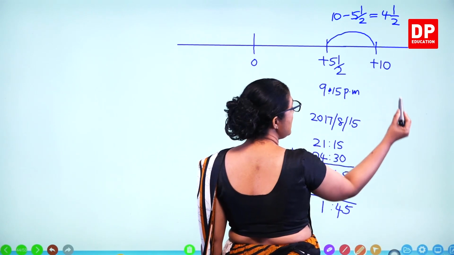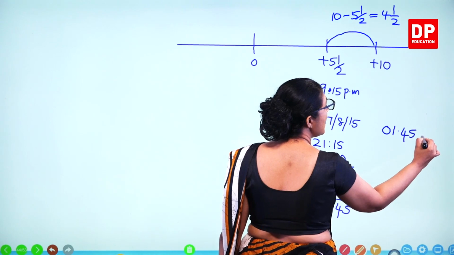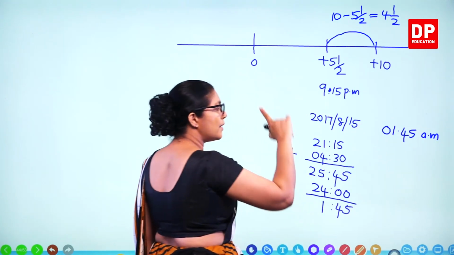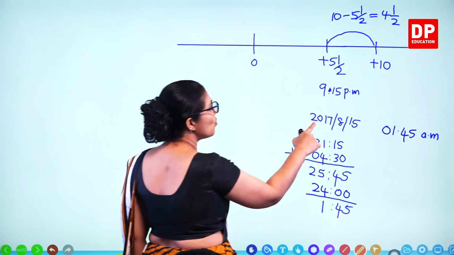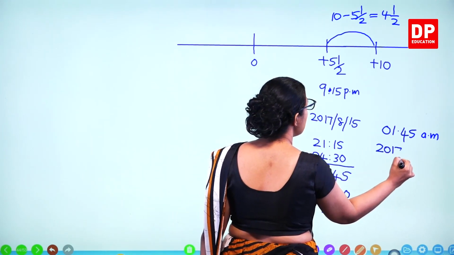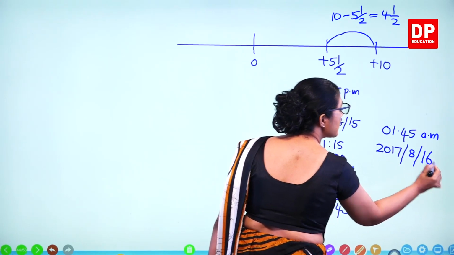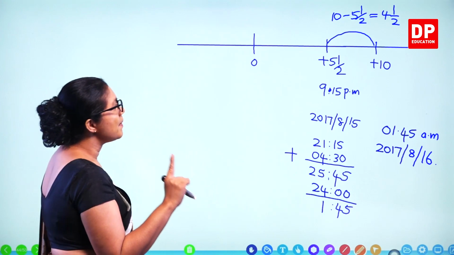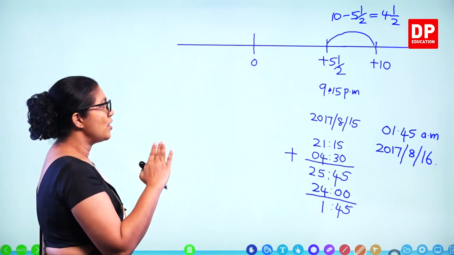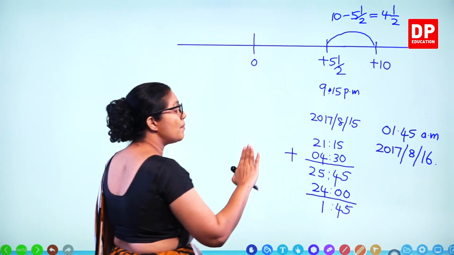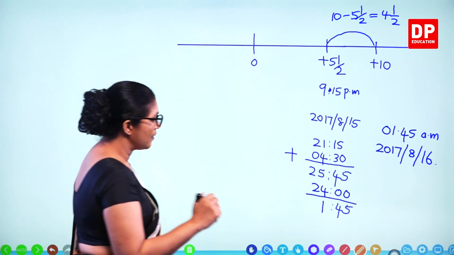So in Sydney, that's 1:45 a.m. next day morning. So what's the date then? 2017, 8, that's August 16th now. So that's the time in Sydney. So when you take the 4.5 difference, it becomes the next day 1:45 a.m.